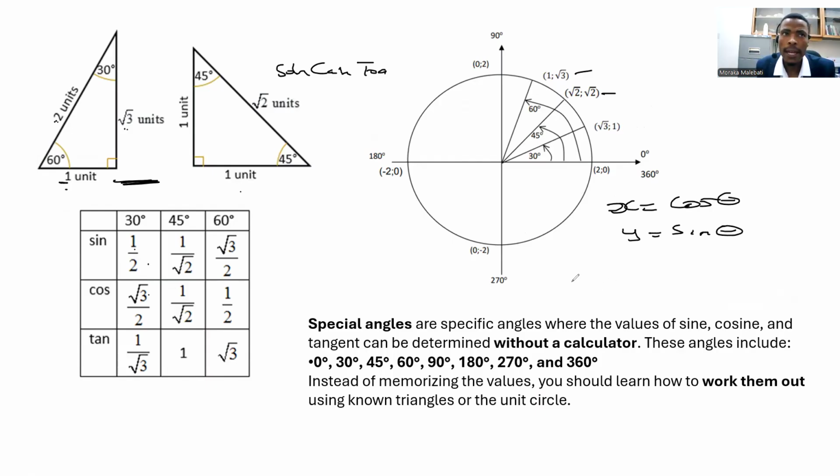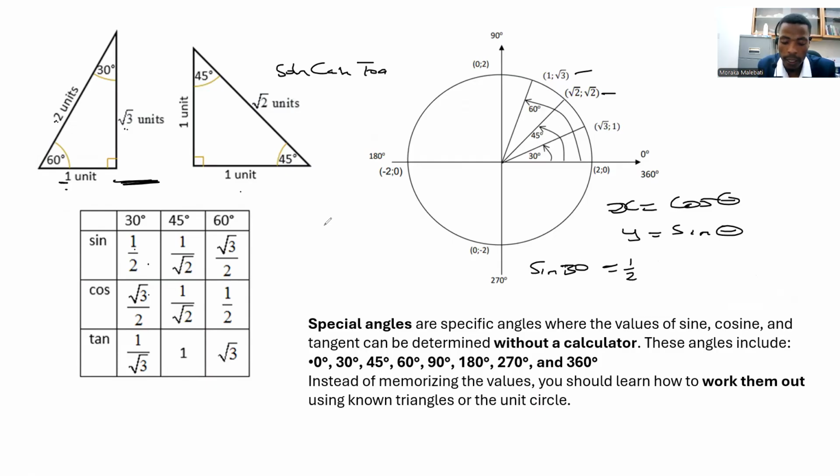All right. And now we know, for example, that sine of 30, we can just cheat, sine 30 is half. And then what is cosine of 30?